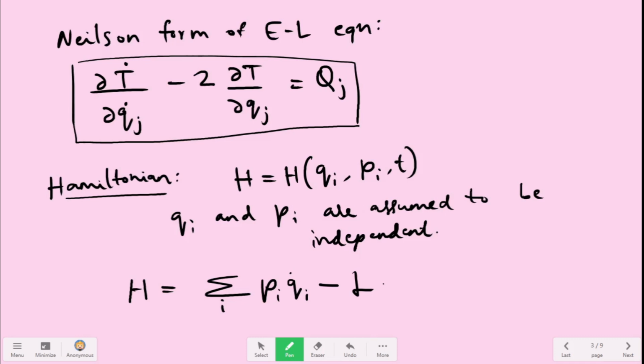If L does not depend explicitly on time, then H is called the energy function. H is called the energy function if ∂L/∂t is equal to 0. That is, the Lagrangian is not explicitly depending on time.